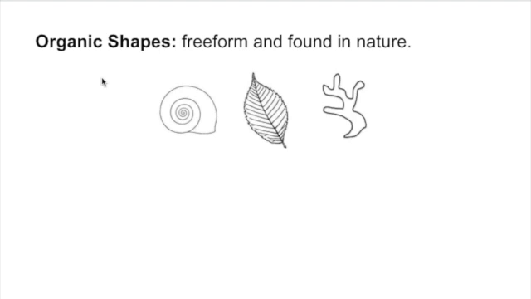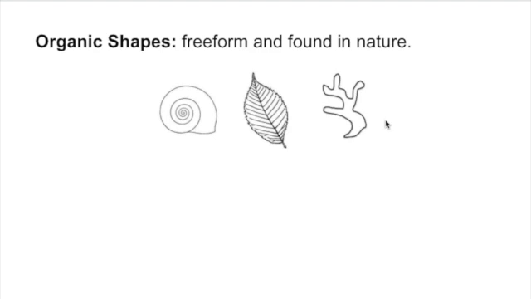I often think about the organic shape as being almost amoeba-like, which is like this little sketch over here. Amoebas are those little tiny creatures we learn about in science class that flow all over the place, and their cell walls are flexible, and they just move around and explore their environment, and they don't have that sense of boundary that a geometric shape does.